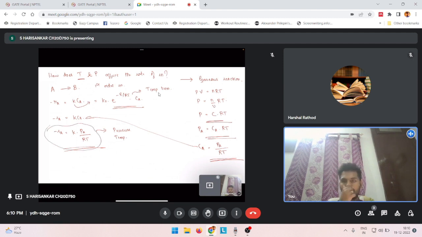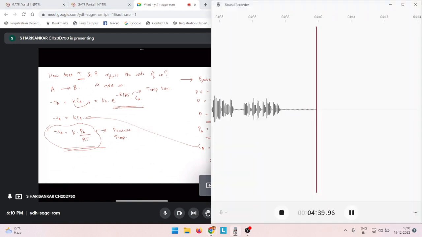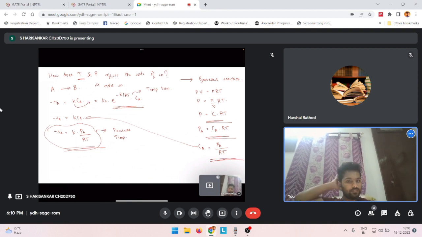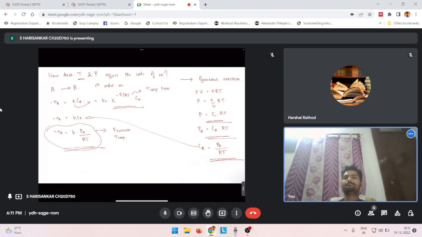If you vary the pressure, or if you vary the temperature, or if you vary both, this reaction rate will change with respect to whatever the variation that is occurring for pressure and temperature. So this is how you can represent mathematically how reaction rate varies with temperature and pressure. Understood?